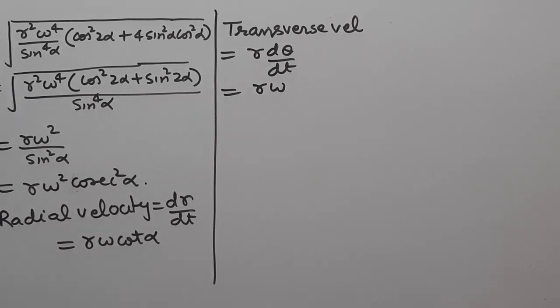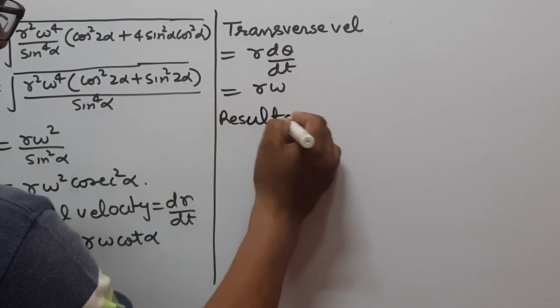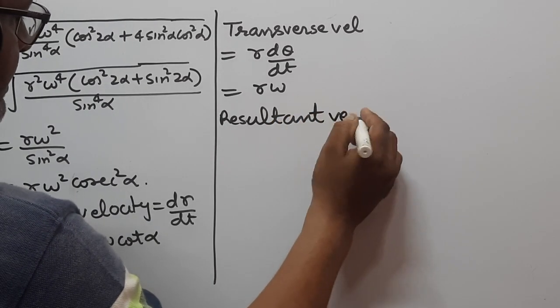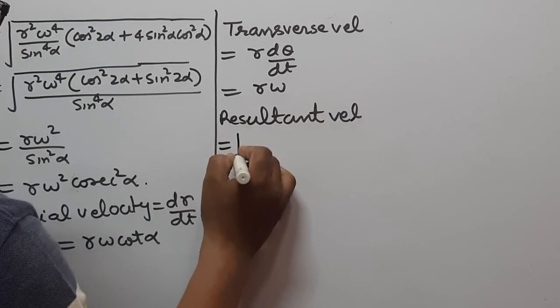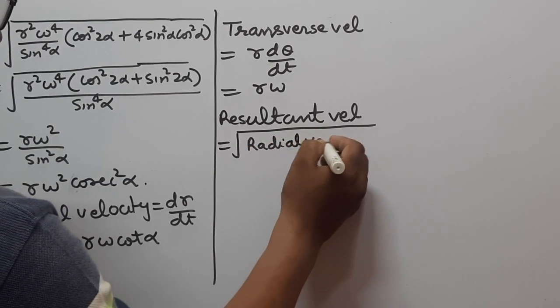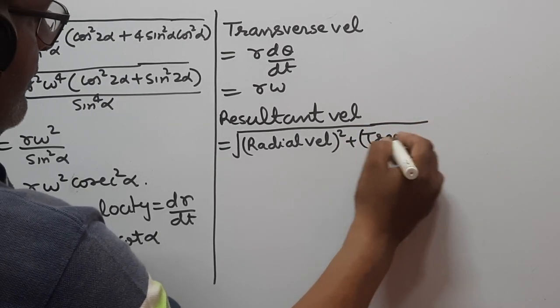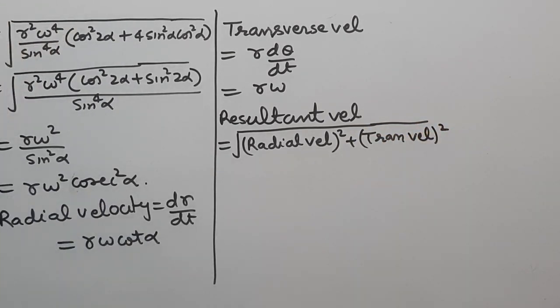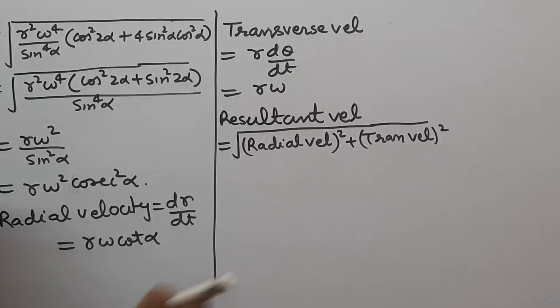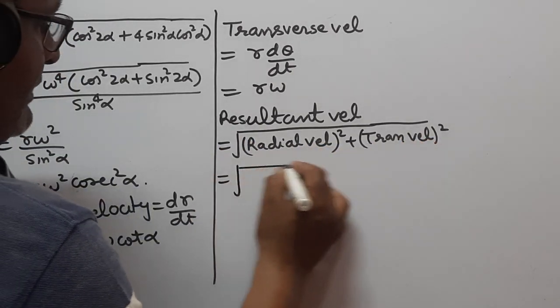Now we find the resultant velocity, which is equal to the square root of the radial velocity squared plus the transverse velocity squared.